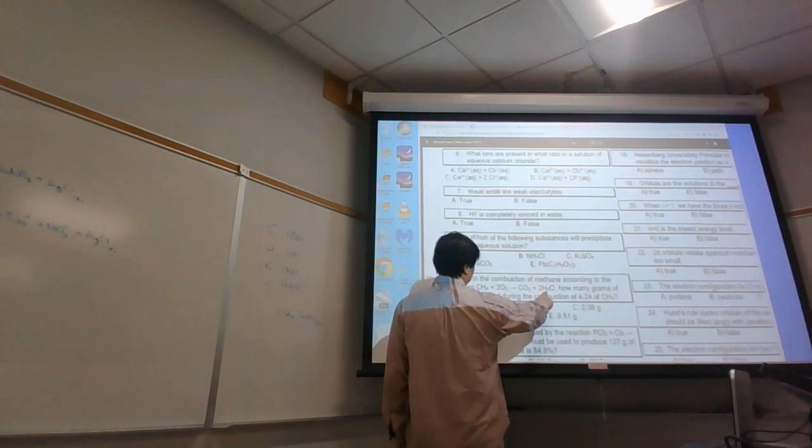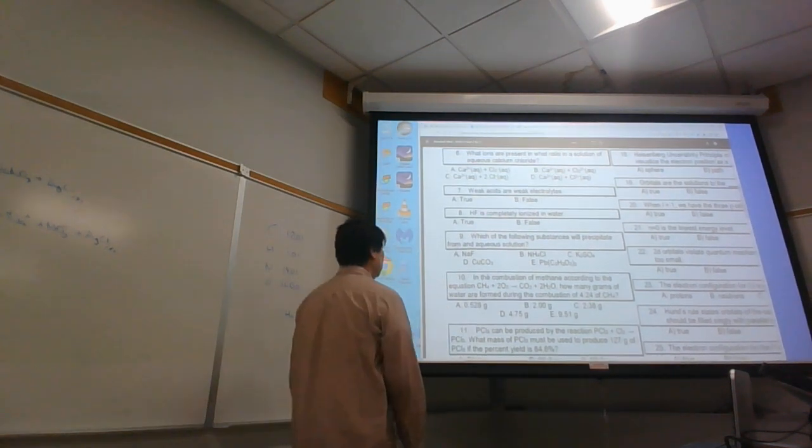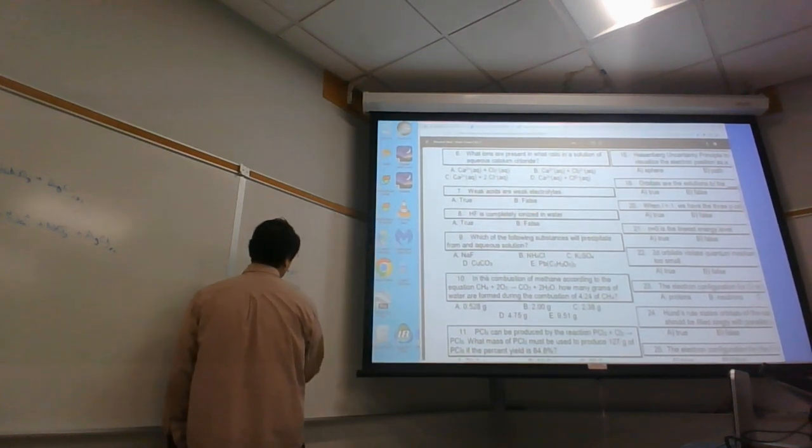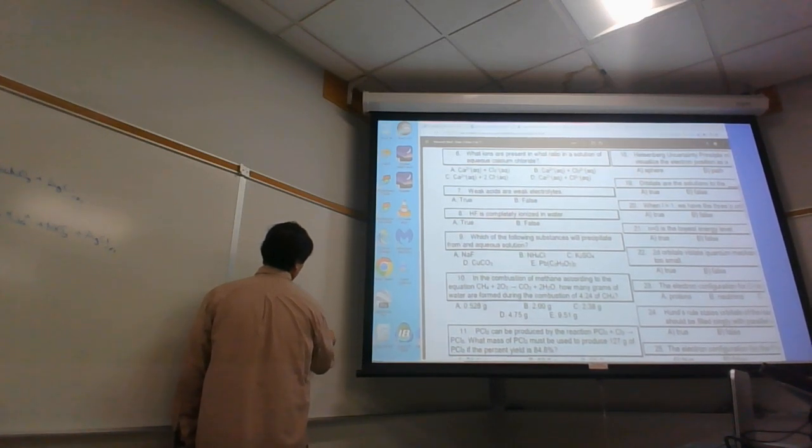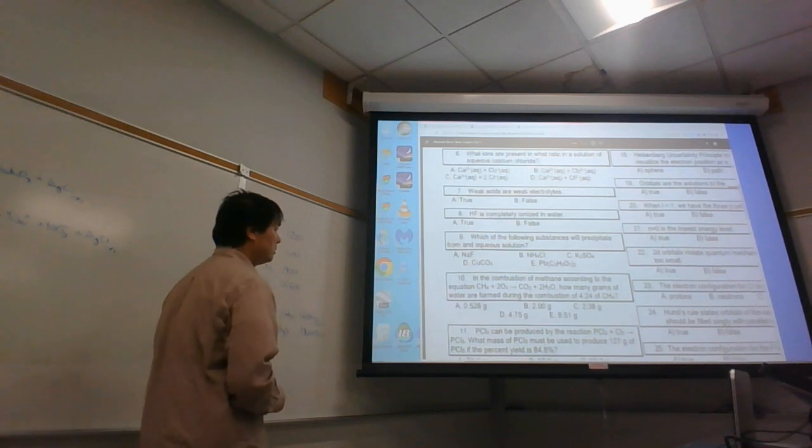Water, 18.02 grams per mole. So can you calculate it and see what you get?